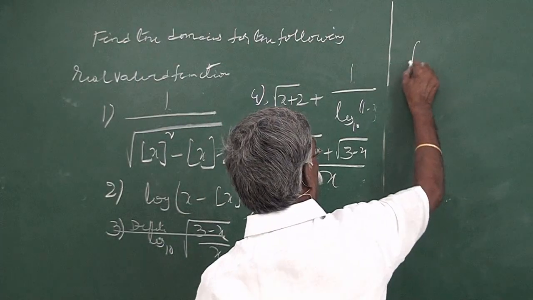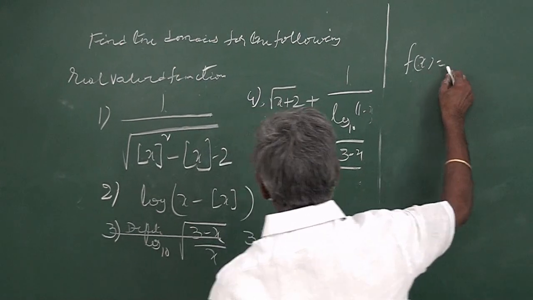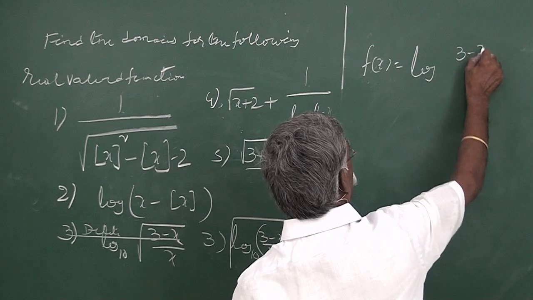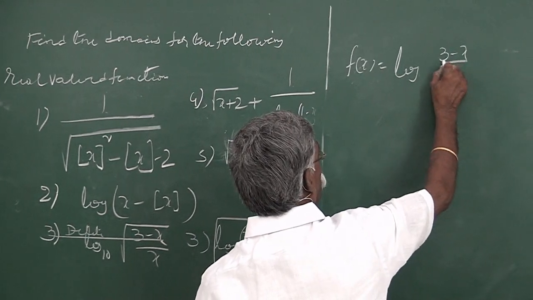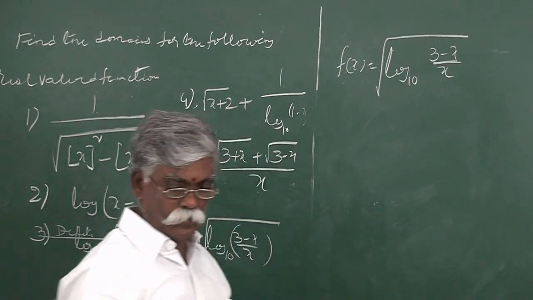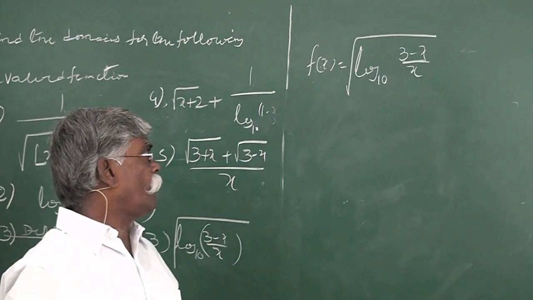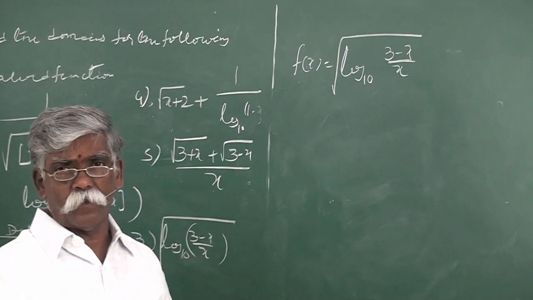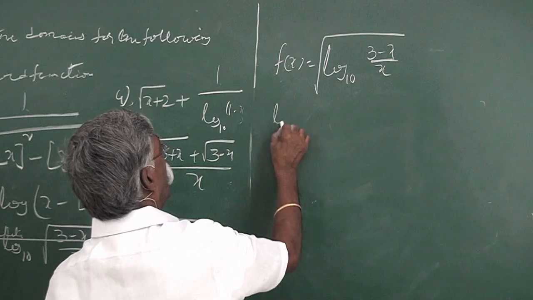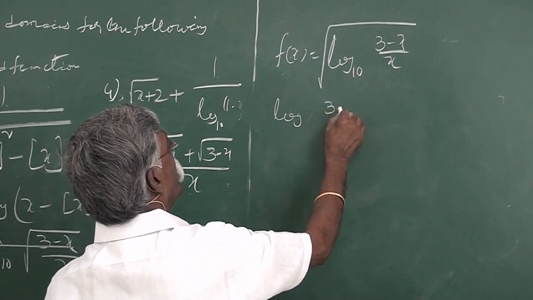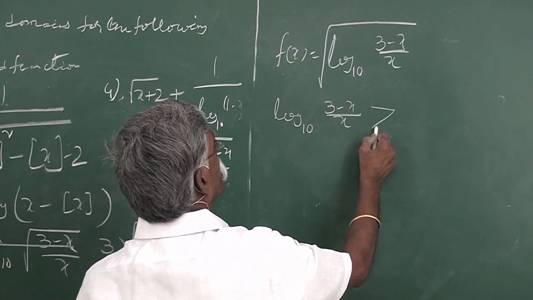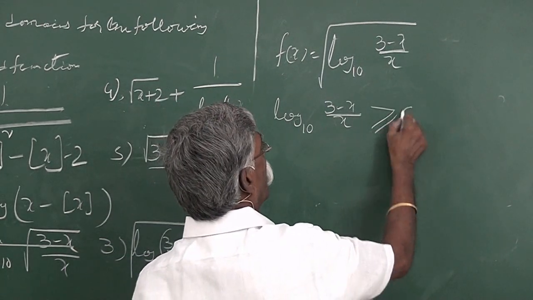So f of x is equal to log of (3 minus x) by x to the base 10, entire thing is under square root. So now log of (3 minus x) by x to the base 10 is under the square root. Therefore, log of (3 minus x) by x to the base 10 must be greater than or equal to 0.